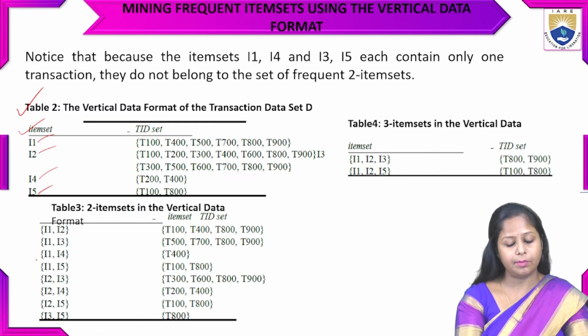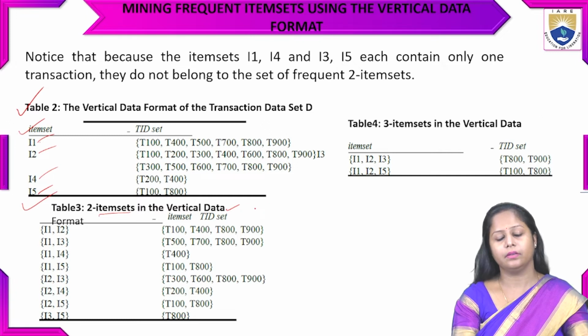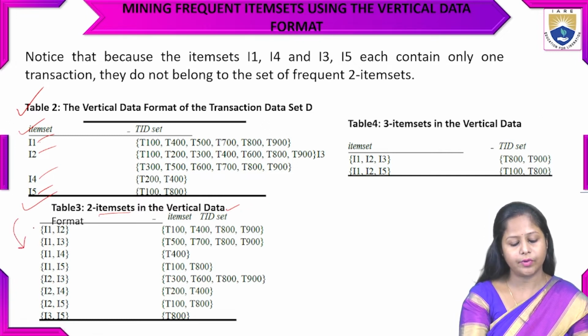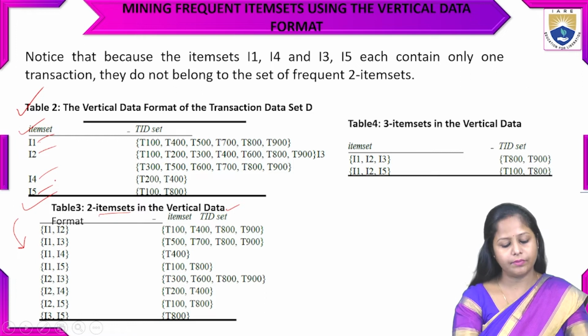In table 3, we have the 2-itemsets in the vertical data format. We need to collect the 2-itemsets from the 1-itemsets. Then what will we get?